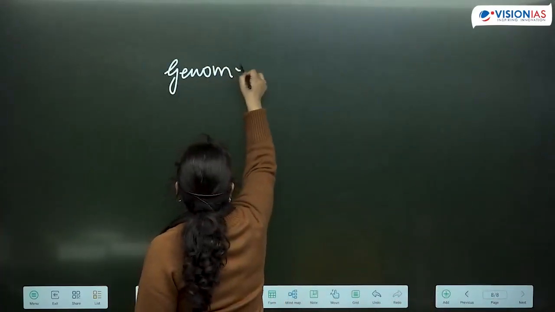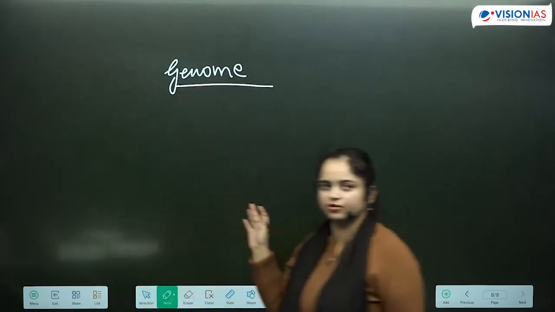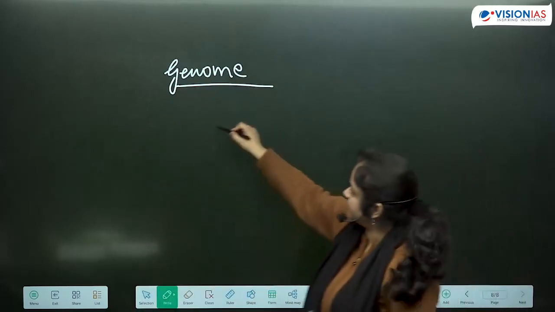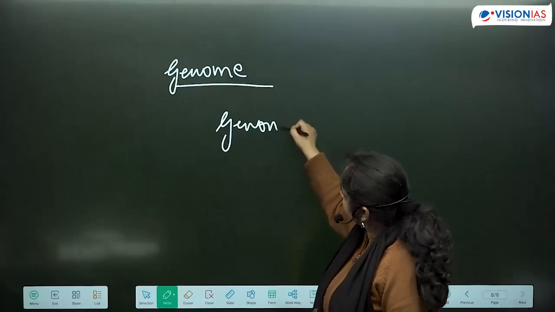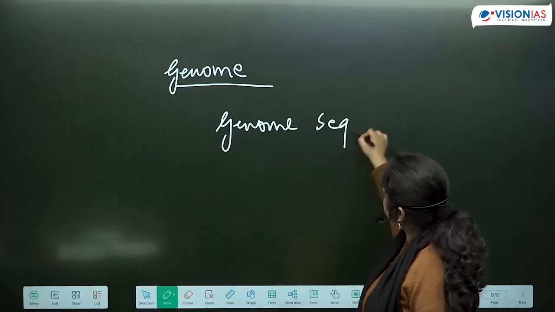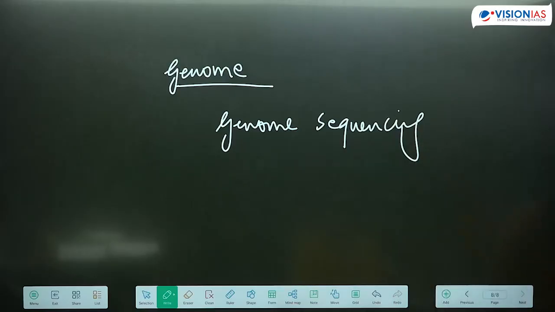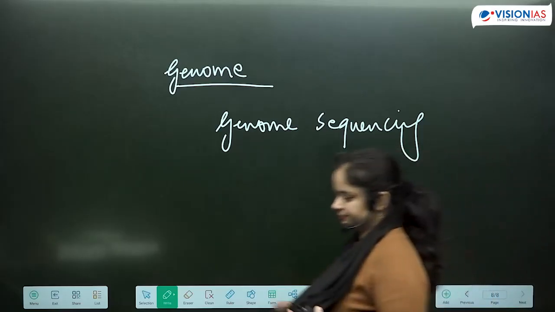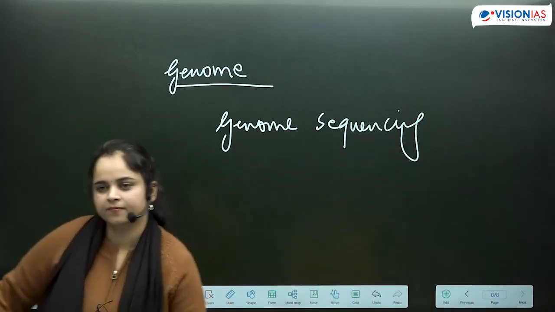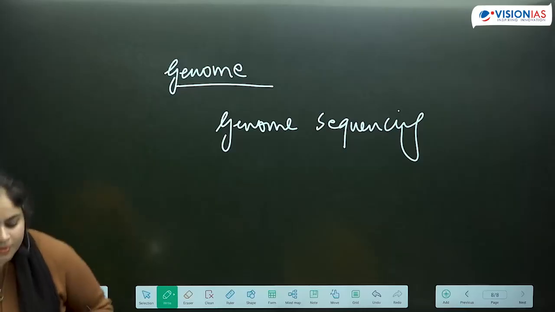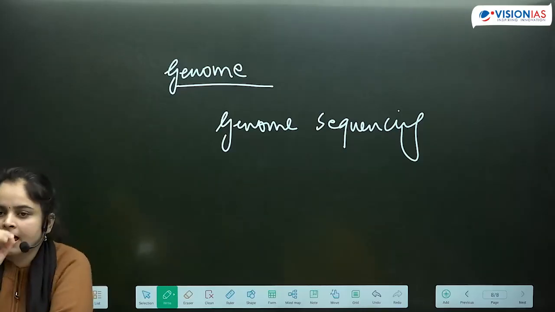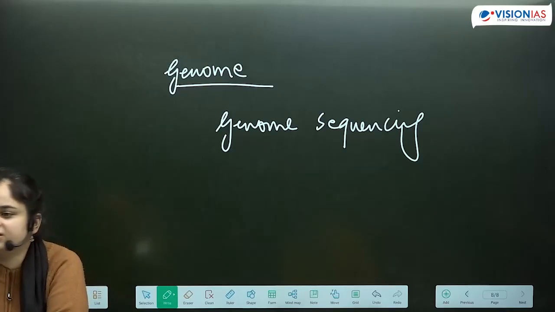Now when we study this whole thing, these sequences, we use a term which is called genome. I'm sure this term you've heard. ये बहुत current affairs में आती हैं चीजें. So genome and genome sequencing. Genome now is an organism's complete genetic material.